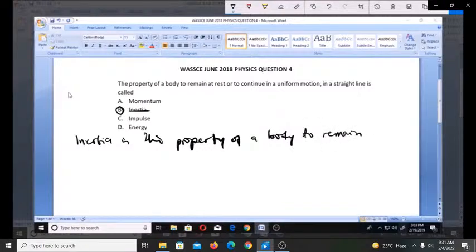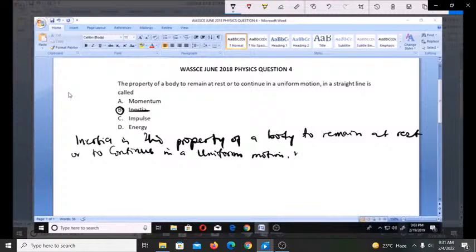To remain at rest or to continue in a uniform motion in a what? Straight line. Rectilinear motion in a straight line. So that is what inertia is.